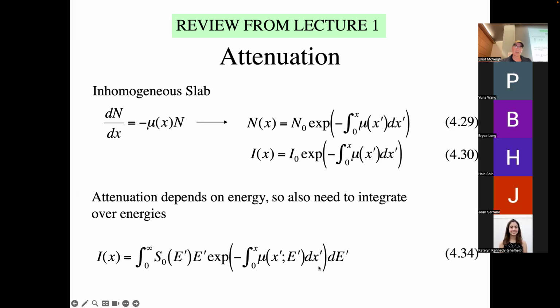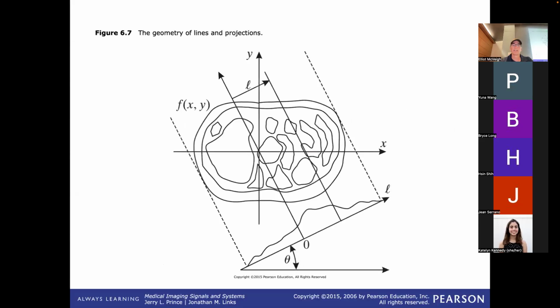So this complicates matters, so we just ignore it. And we say, let's do everything at the average energy. All of the math that we're going to do from here on is going to just assume we have monoenergetic photons at the average of that density.